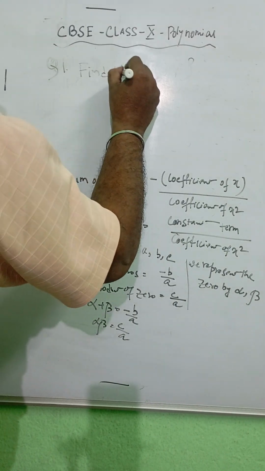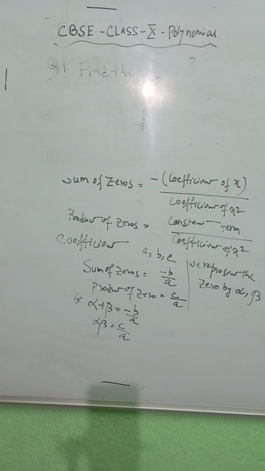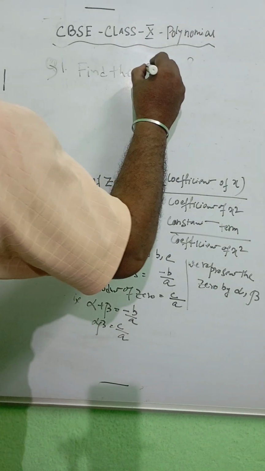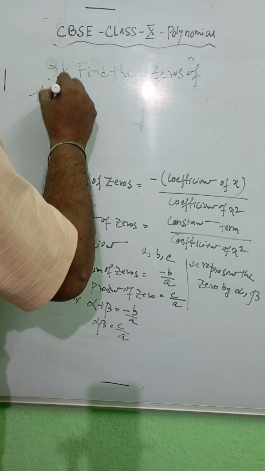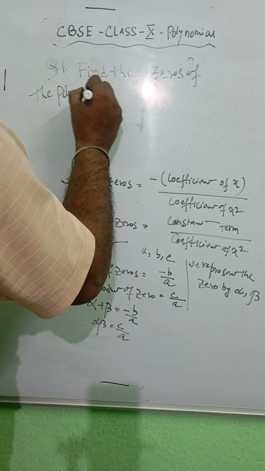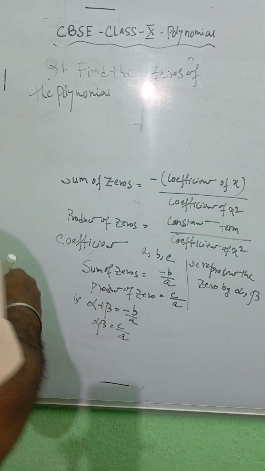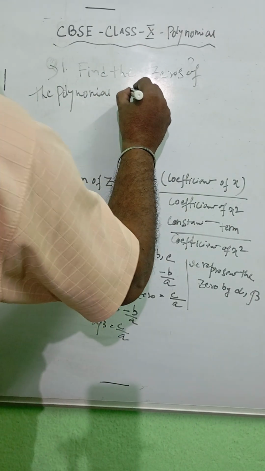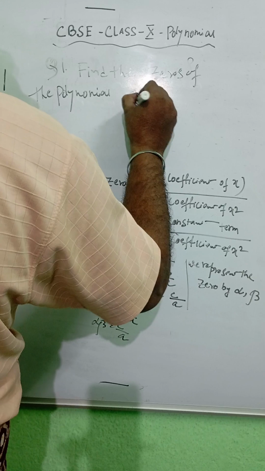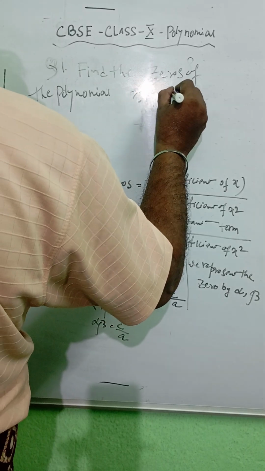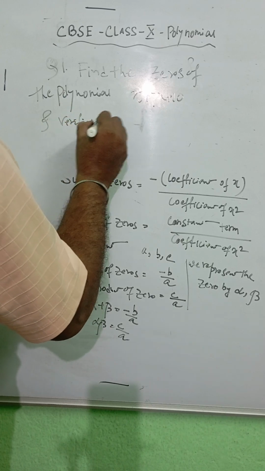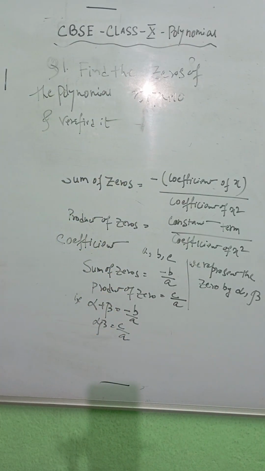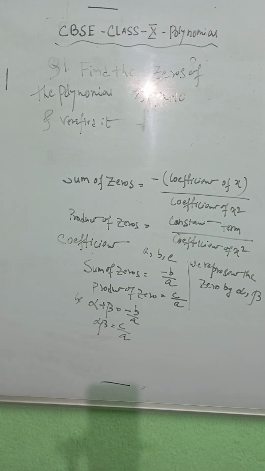Find the zeros of the polynomial x squared plus 7x plus 10 and verify it. It's clear.